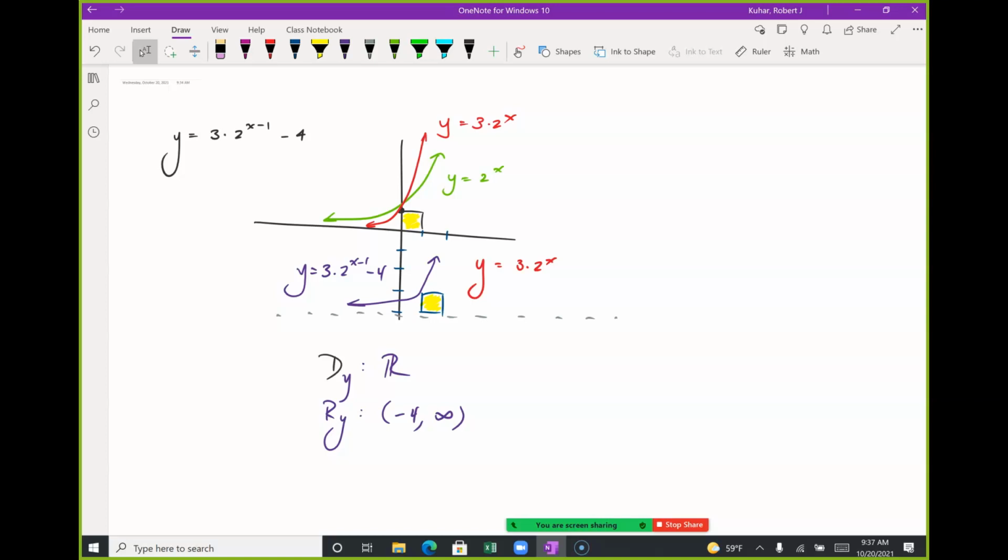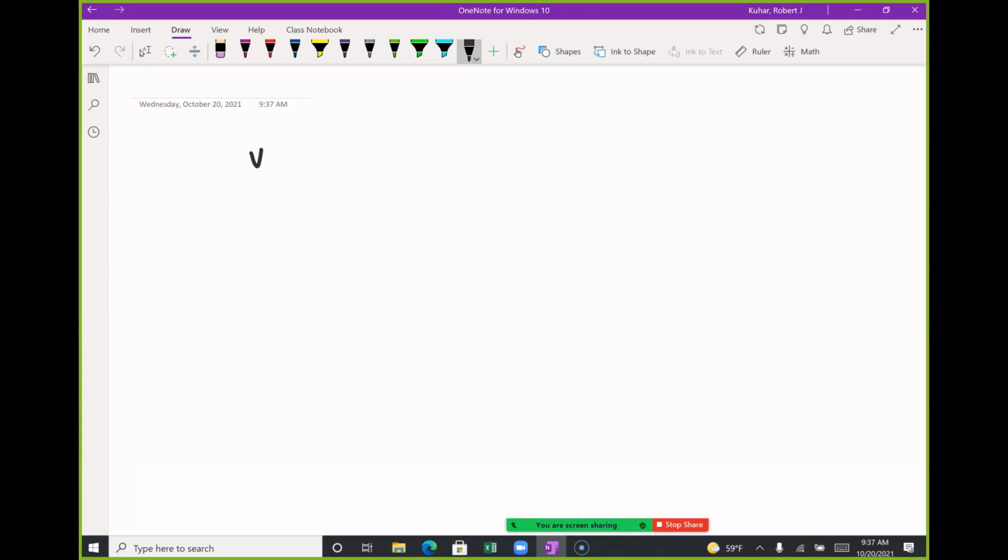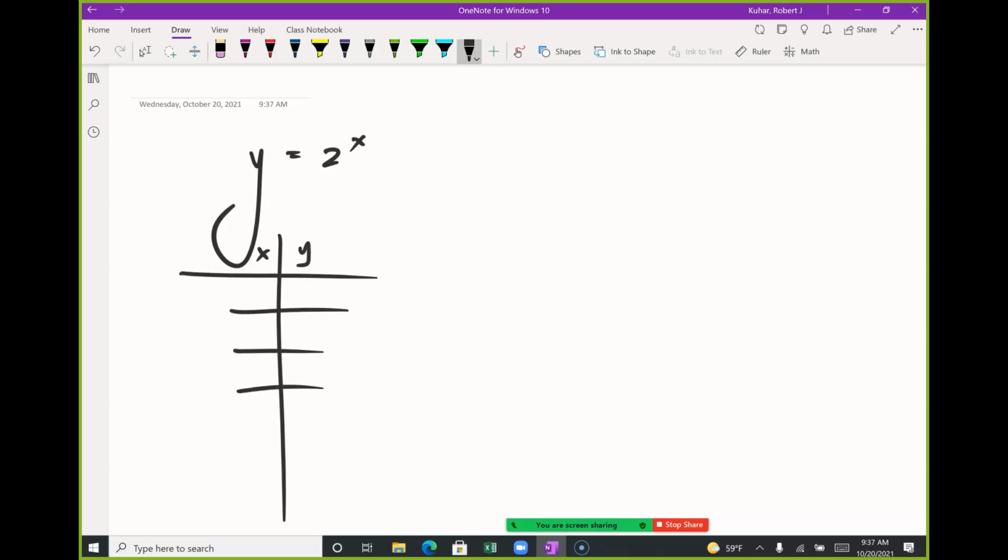So let's do that. Let's start with a nice simple function and graph it, right? So let's take y equals 2 to the x as our exponential. Let's generate a table of values. So -2, -1, 0, 1, 2.